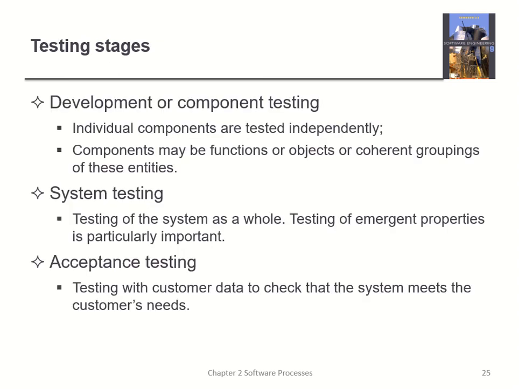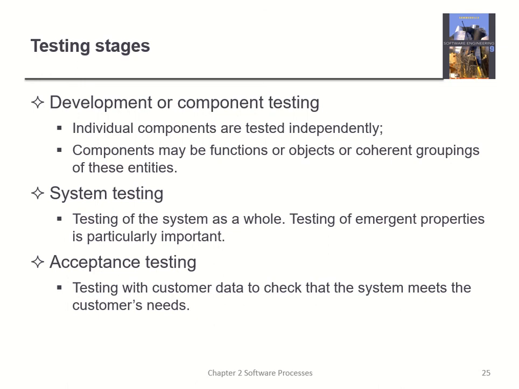So the development or component testing, in this testing, the individual components are tested independently. Components may be function or object or groupings of entities. While si system testing, mao ni siya ang testing of your system as a whole.